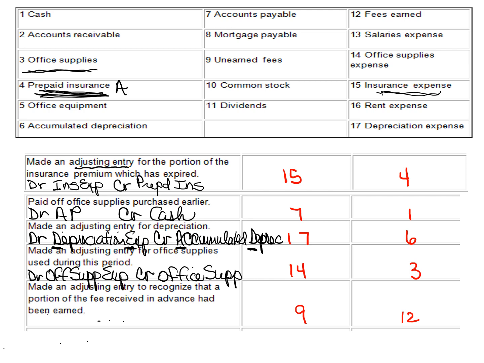And finally, make an adjusting entry to recognize the portion of fees received in advance have been earned. So remember that entry where we took the customer's money before we had done anything? Well, at the end of the period, if we have now provided the service to the customer, we've earned that right. And so it moves from a liability account, unearned revenue.